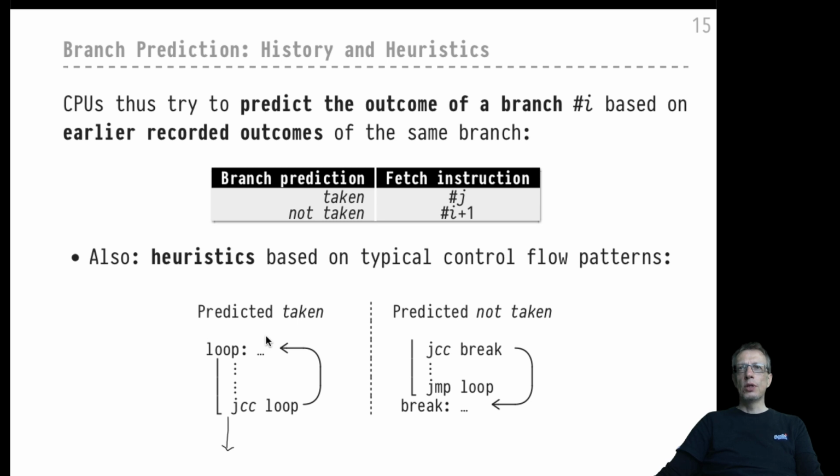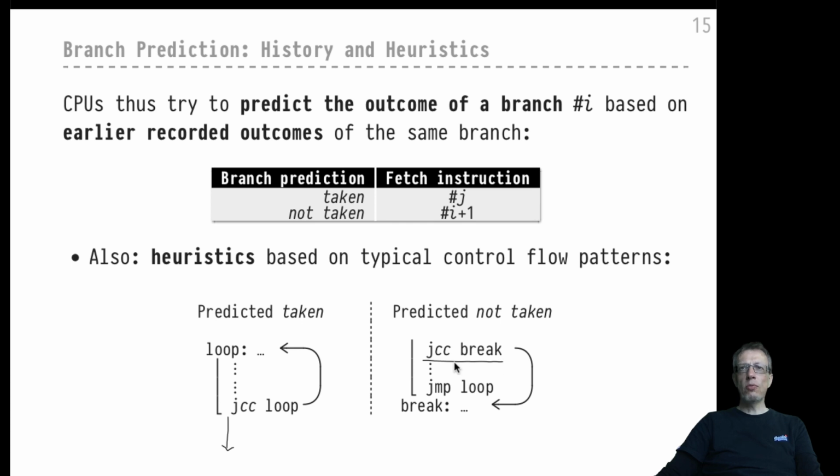It's a different story for branches that can exit a particular loop. So think of the break statement in languages like C. If the loop is currently in progress and we are encountering this branch that protects the break jump, then it's very likely that the branch is not taken.